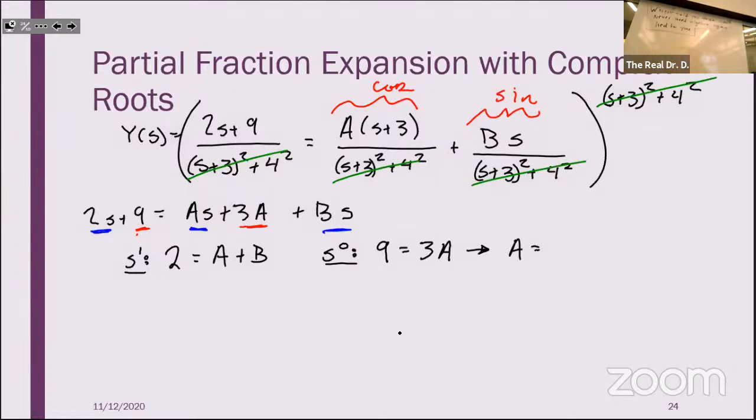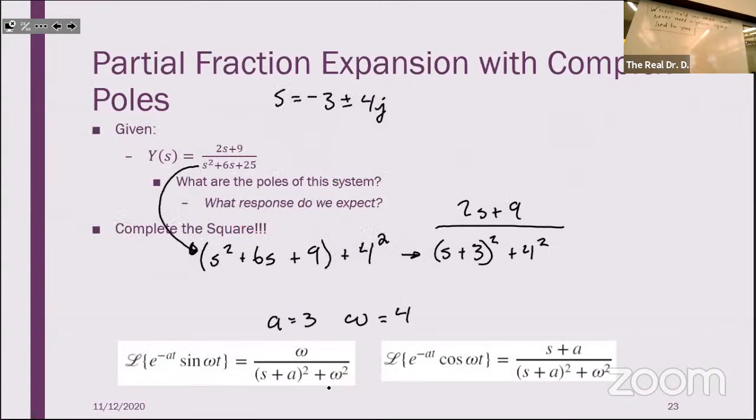Sorry, I don't know why I put 3 there. Hold on. Please hold. I'm reading the wrong part of my notes. I apologize. Oh, that's why. There's no S on that B. There we go. No S on the B. Dr. D wrote down the wrong thing. Look here.